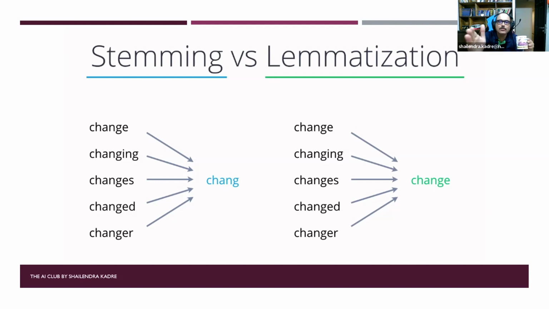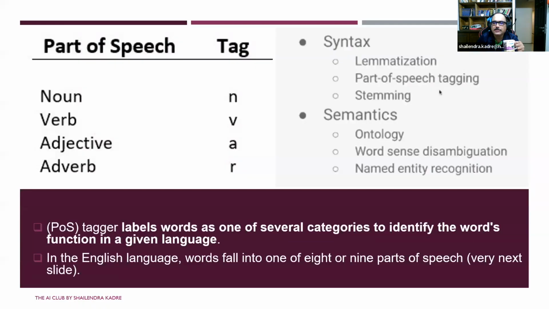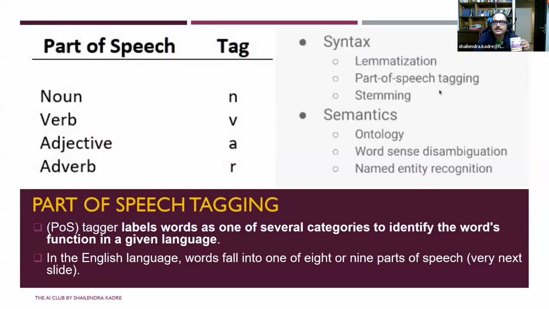So stemming and lemmatization are the two main parts of syntactic analysis. You see here on the right hand side, syntactic analysis, stemming and lemmatization, which we just saw. After that comes part of speech tagging, which is nothing but POS tagging. POS tagging means you give a proper functional form to a particular word.